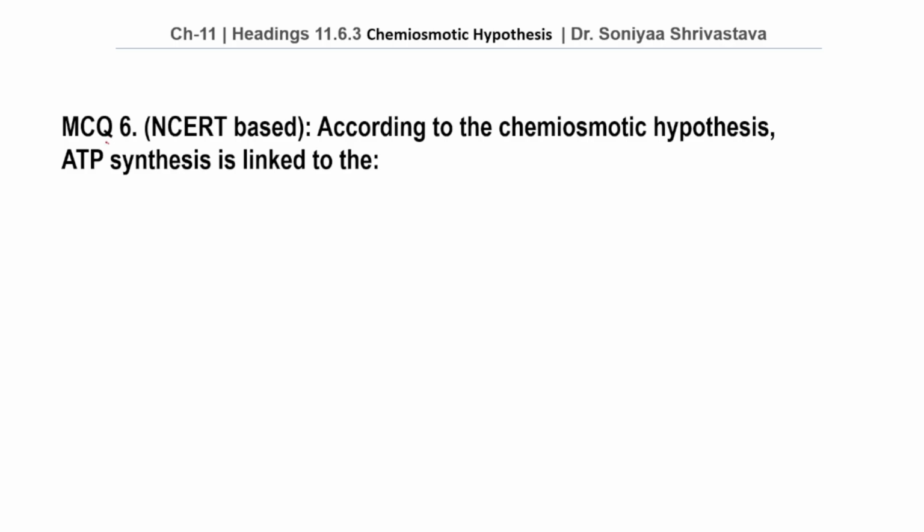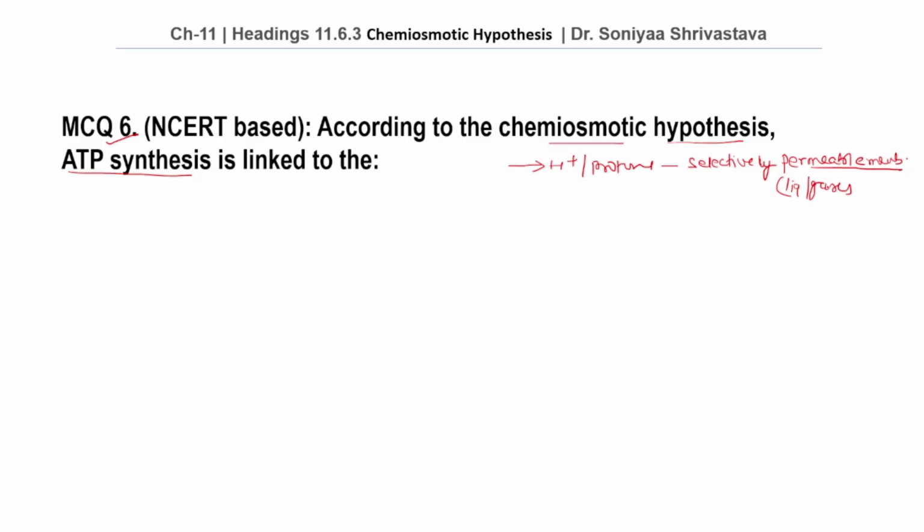Moving on to MCQ number 6. According to the chemiosmotic hypothesis, ATP synthesis is linked to the... first of all student, what is chemiosmotic? Chemiosmotic is the movement of ions, mainly H plus ions or protons, across the selectively permeable membrane.